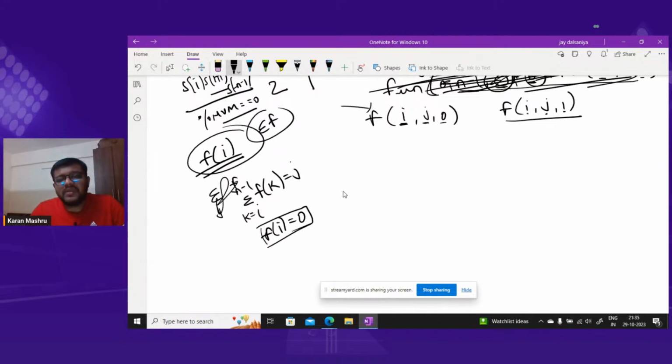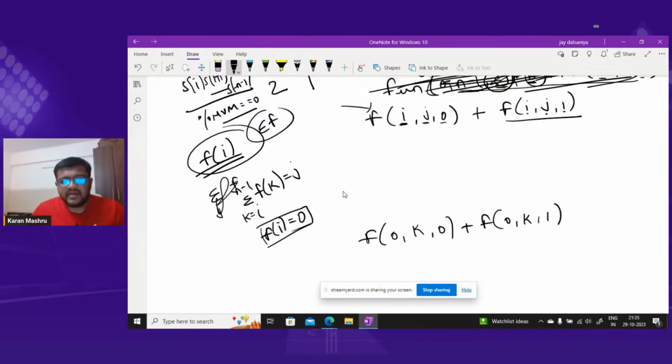So if I sum up these two values, it will tell me all the possible array combinations for indexes I to n minus 1 such that the summation f value is equal to j. So what we need to return is, initially we can call f of 0, k, 0 plus f of 0, k, 1. This is my answer.